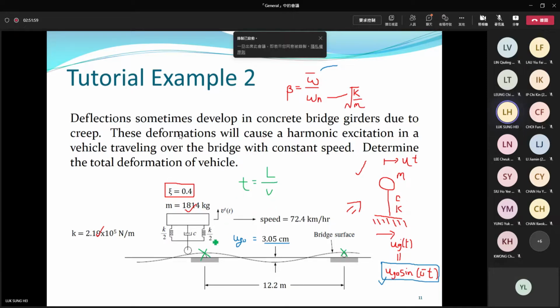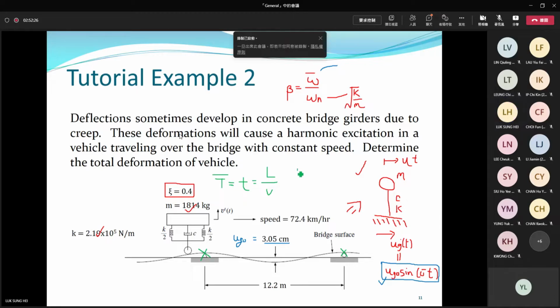What is the physical meaning of this time? Time required to complete one vibration cycle. We call that the period. Period means time to complete one vibration cycle. I call this T bar because we are talking about the loading part.